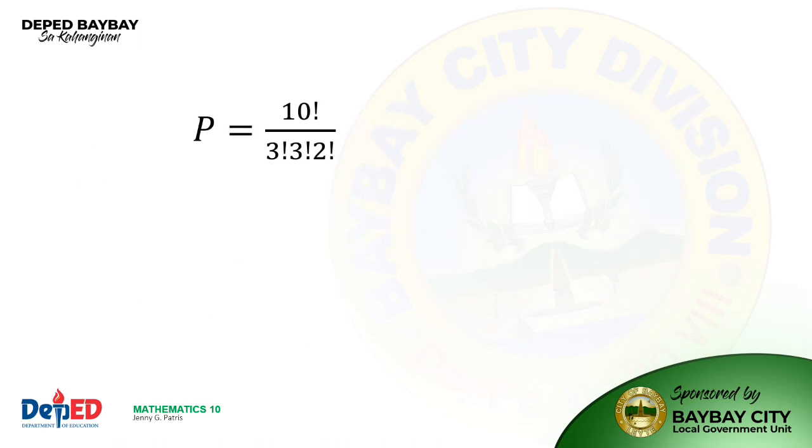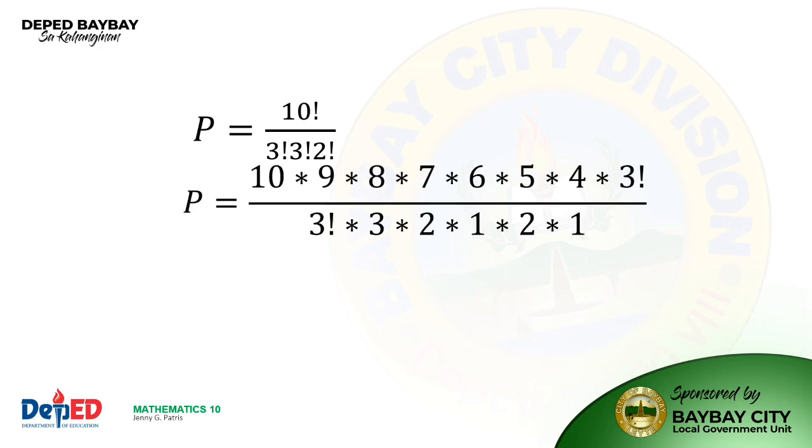Applying the concept of distinguishable permutations, we have 10 factorial divided by the product of 3 factorial, 3 factorial, and 2 factorial.